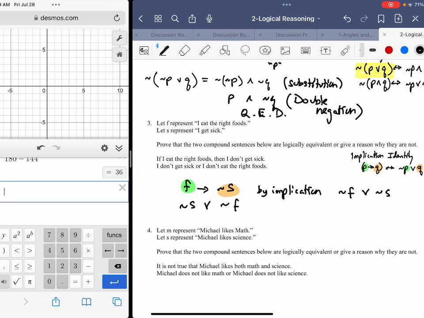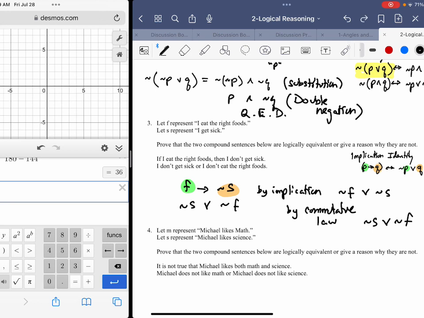All right, now if I just flip the order, so by the commutative law, this would become not S or not F. It's just switching the two pieces around. All right. And so that's it. I just showed that this and this are the same thing.